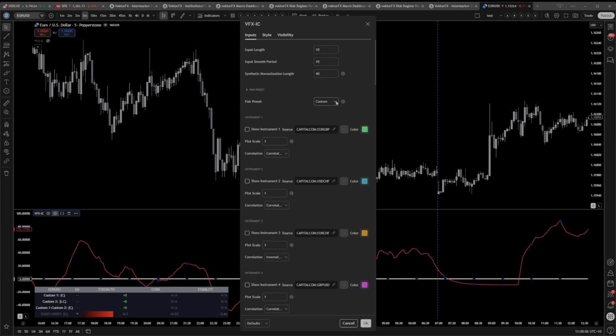So you can just come here and select the one that you want to trade. Now we're currently trading on the 5-minute time frame, so we have a set of predefined baskets for these currency pairs. So we're looking at Euro USD. So I'll select Euro USD, and you'll see it generate.